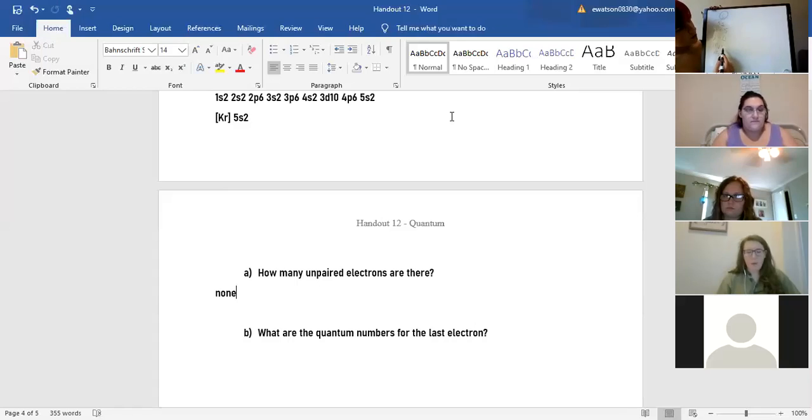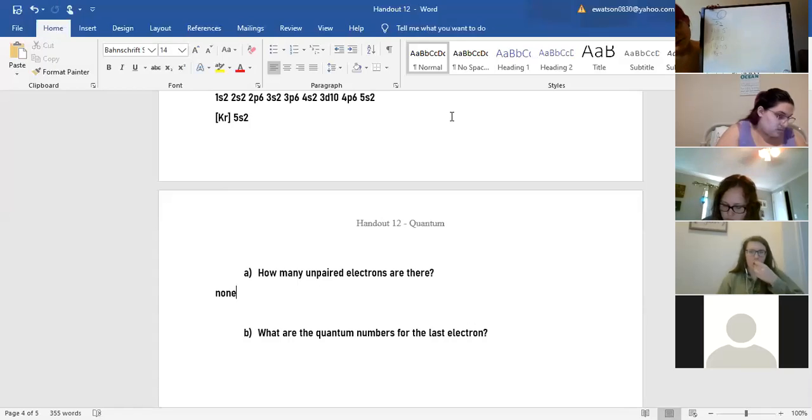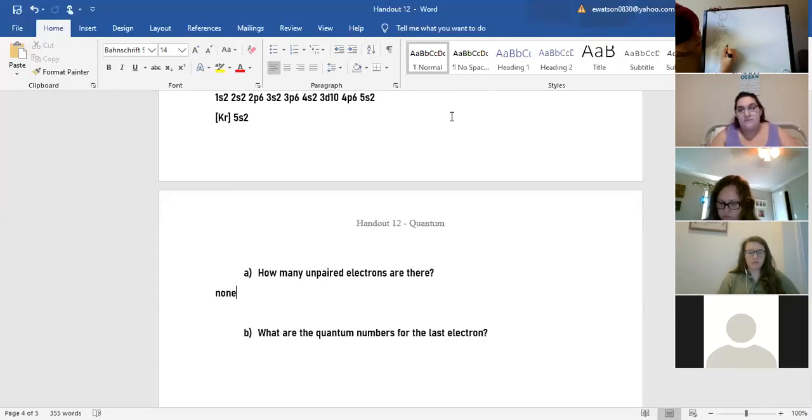What about our M sub L? 0. And that's based off of which line it's on. The s orbital only has 1 line, and that line can only be 0. So if this is 0, this has to be 0. What about our M sub S based on what I've drawn up here? -1/2. So these are your quantum numbers: 5, 0, 0, -1/2.